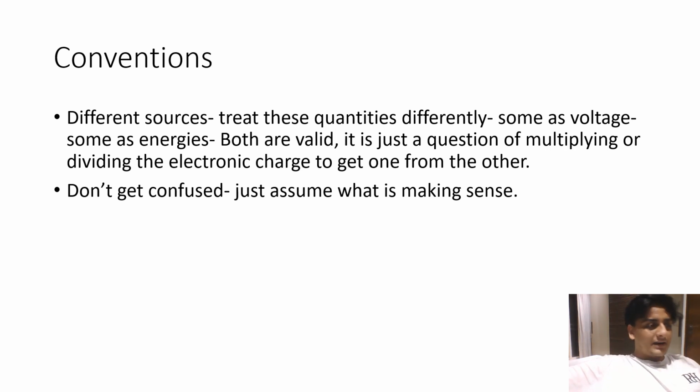Depending on that, some sources might directly use it as the energy, or they might multiply by the electronic charge and use it as the energy. My point is that if you see different things in different places, don't get confused. I might even use them interchangeably in the slides depending on what source I am picking a figure from, so based on the context, whatever makes sense, just feel free to assume that.